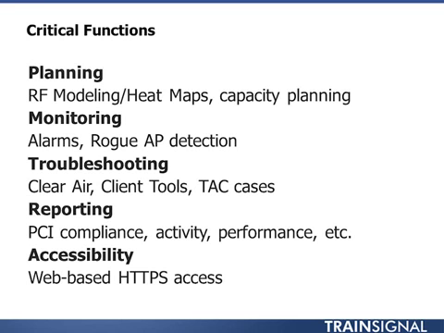It also helps your troubleshooting because it does incorporate the CleanAir technology, in the sense that that information is collected at the access point but is analyzed in the network, and the wireless control system is the one that's going to report back on that analysis.